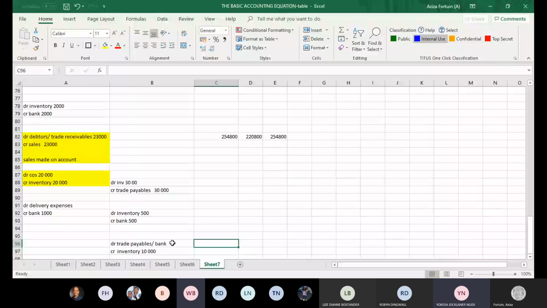So when we return the goods to the supplier, we credit trade payables, we're taking it back to the supplier. But you could have bought it cash as well and debited your bank.